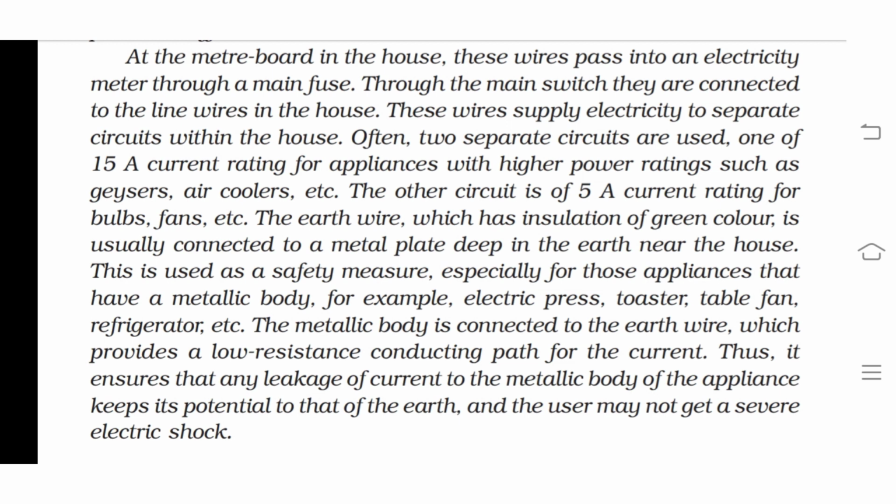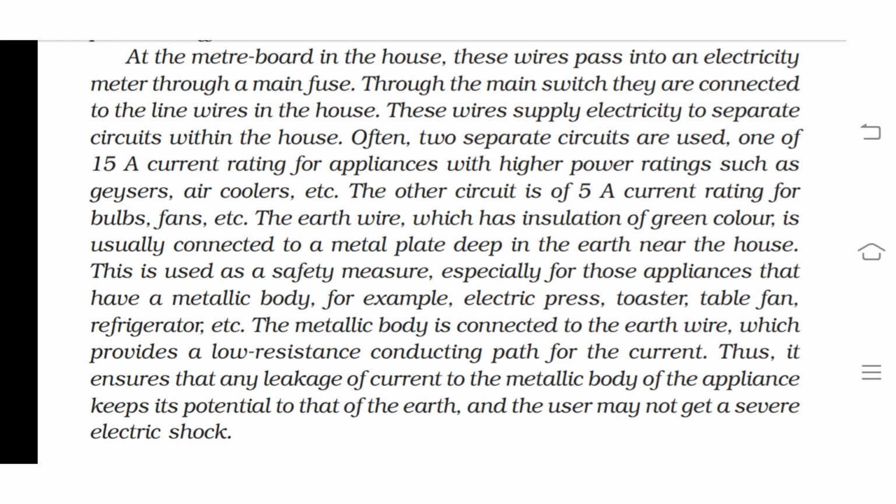Now let's see. In the meter board in the house, these wires pass into an electricity meter through a main fuse. Through the main switch, they are connected to the line wires in the house. These wires supply electricity to separate circuits within the house.